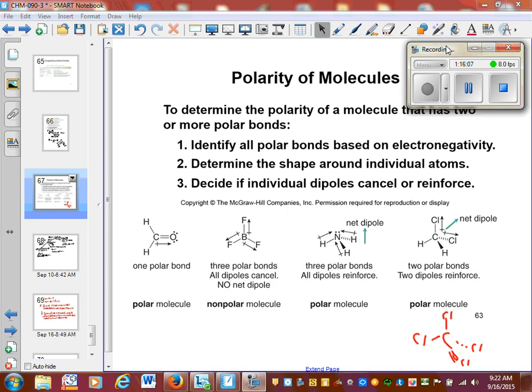If I go to the last one, now it becomes nonpolar. Everything cancels out, it's symmetrical. It makes a huge difference in the physical properties of the compound. Trust me.